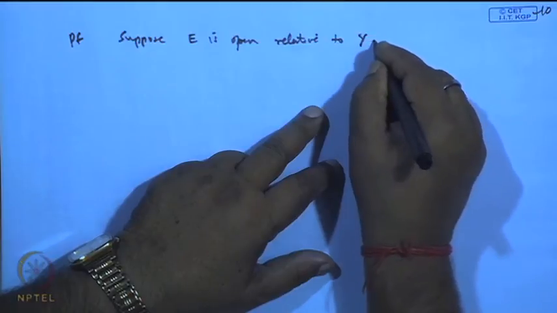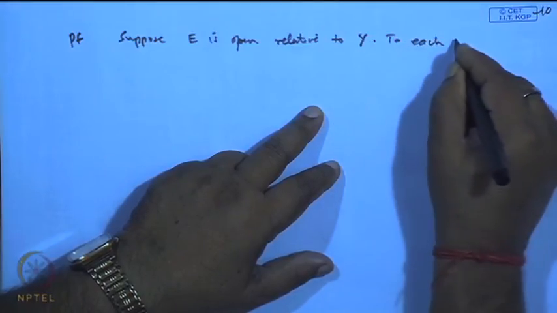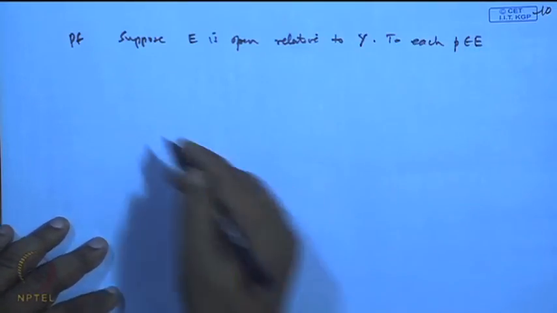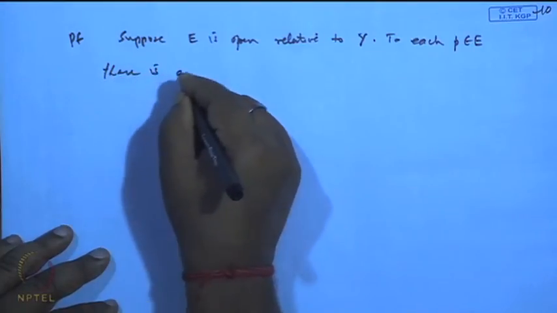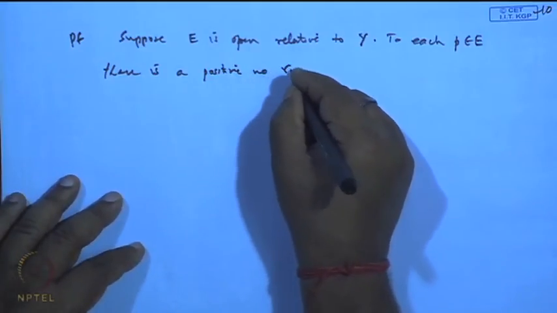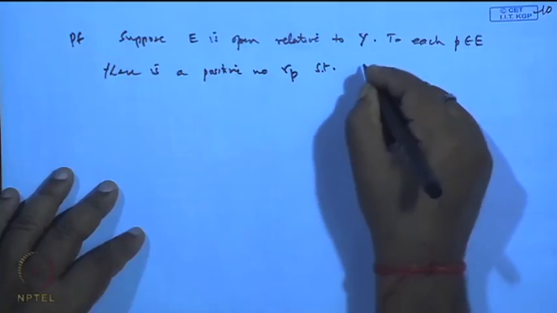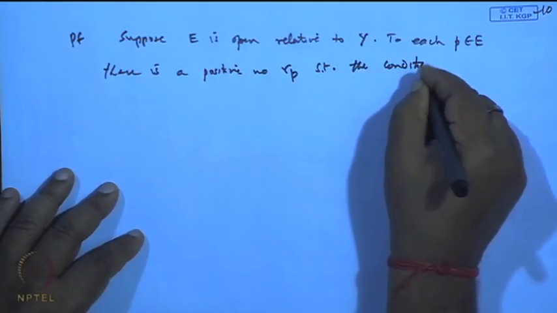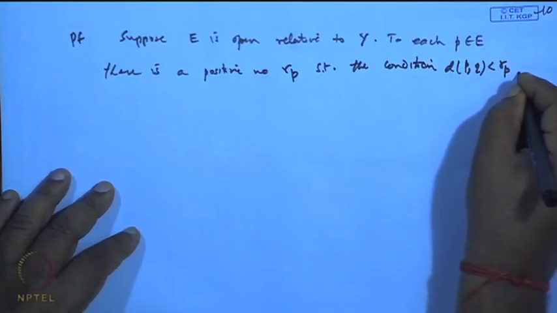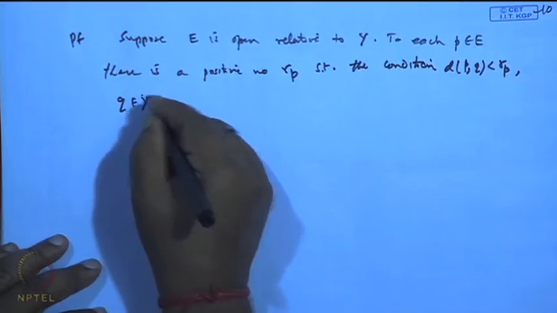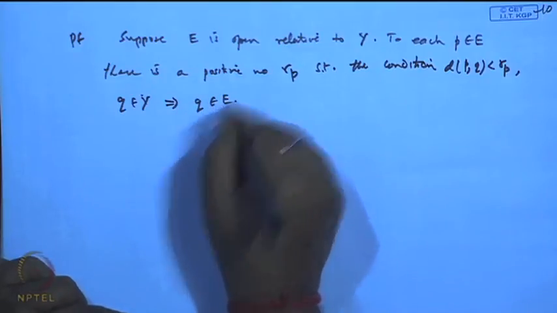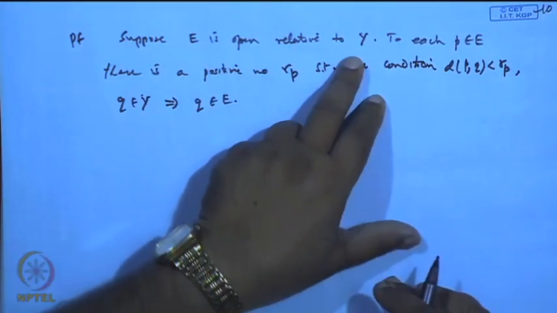By the definition of open relative to Y, to each p belonging to E there is a positive number, say R_p, such that the condition d(p, q) < R_p, where q belongs to Y, implies that q is in E.